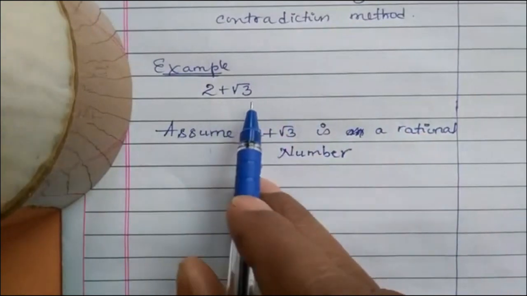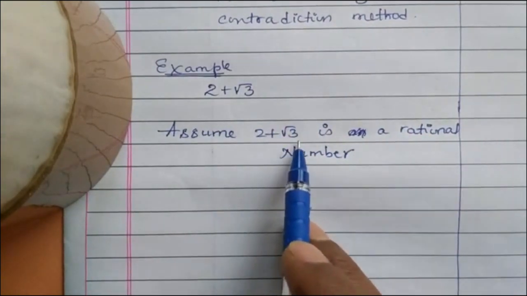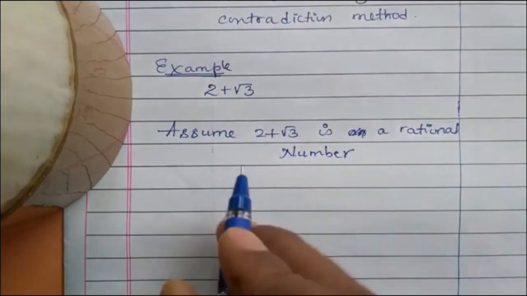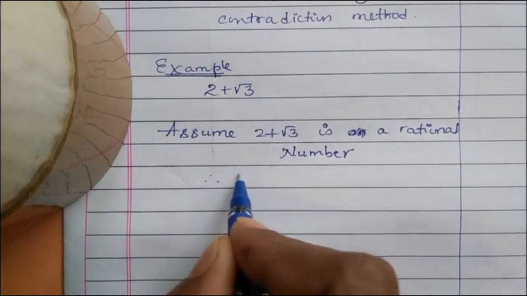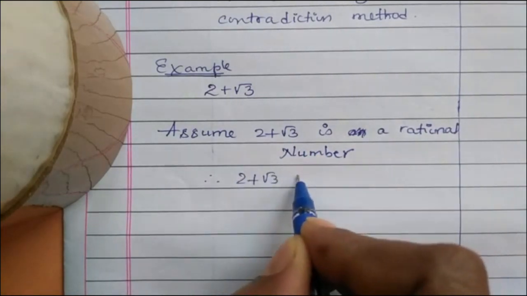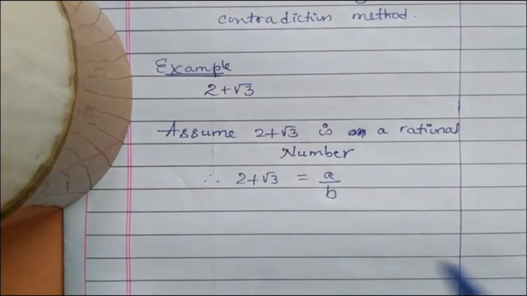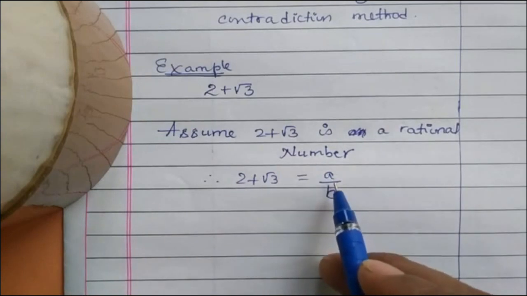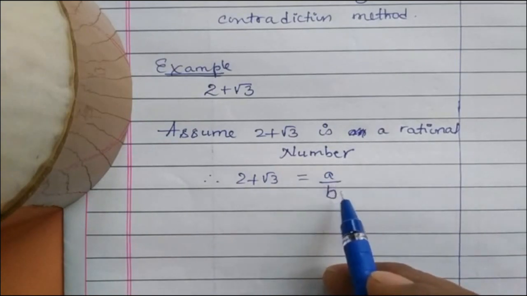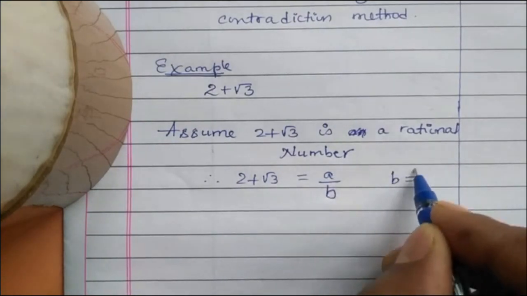In this case, assume 2 plus root 3 is a rational number. So 2 plus root 3 will be equal to a by b. We know that rational numbers are denoted in a by b form where b is not equal to 0.